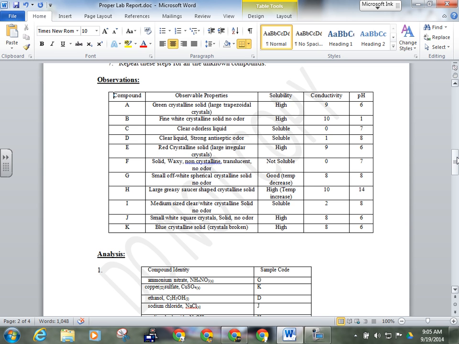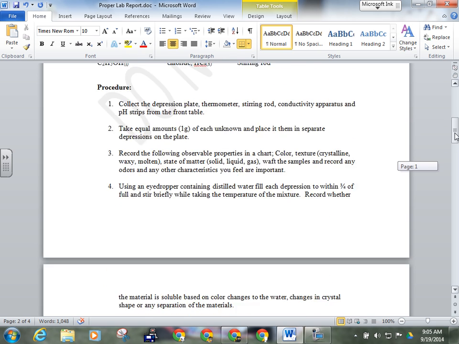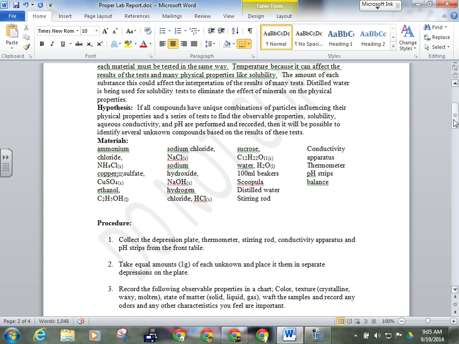H, large, greasy, saucer-shaped crystalline solid, high solubility, conductivity of 10, pH of 14. All bases contain what? Hydroxide. Now, a lot of people look at ethanol and say it's got an OH on the end. And it does, I won't argue that.